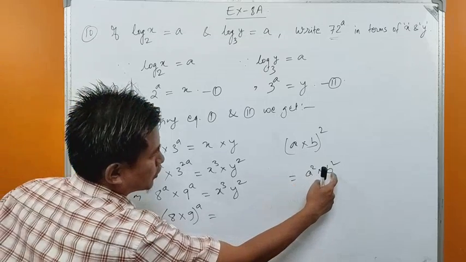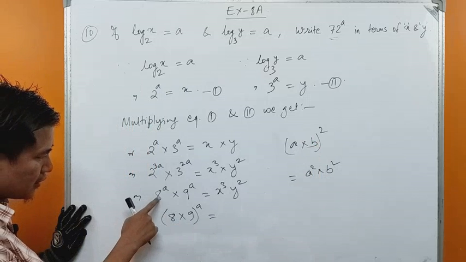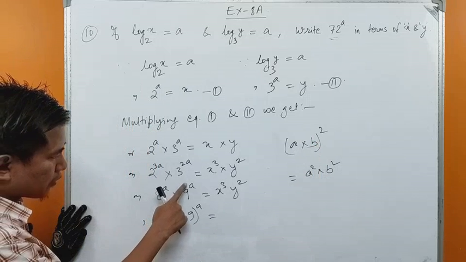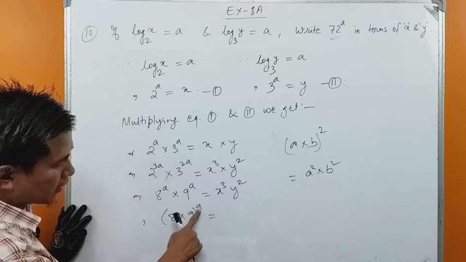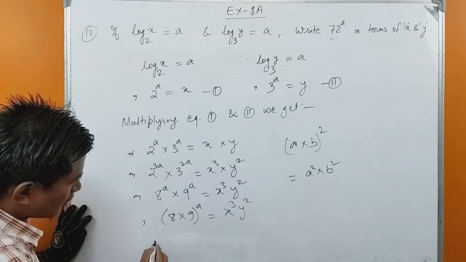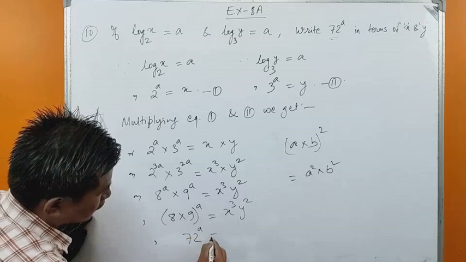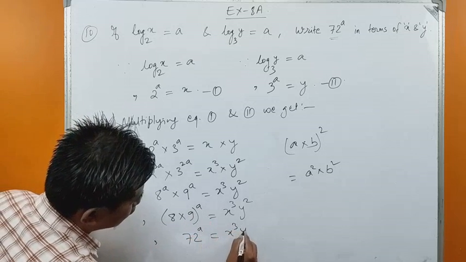So a square into b square can be written as ab whole square. Similarly, 8 to the power a into 9 to the power a means 8 into 9 whole to the power a equals x cubed y squared. Or 8 nines are 72 to the power a equals x cubed y squared.